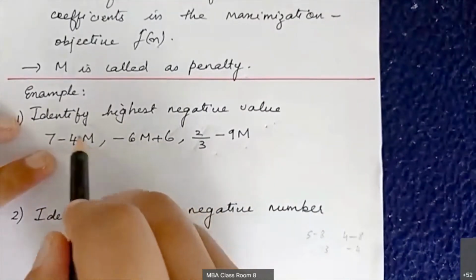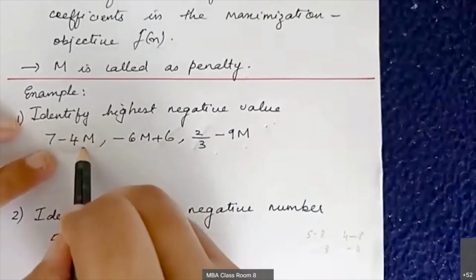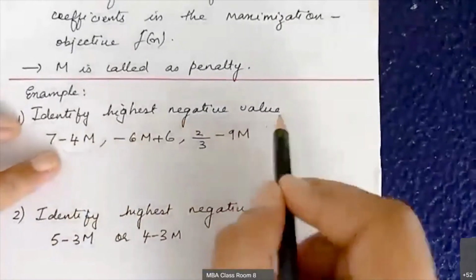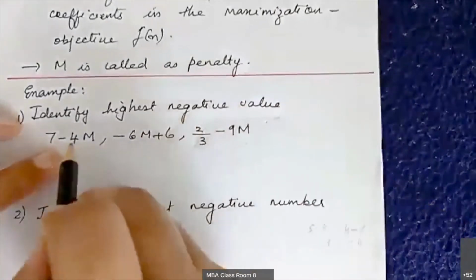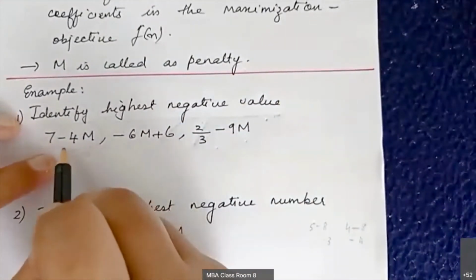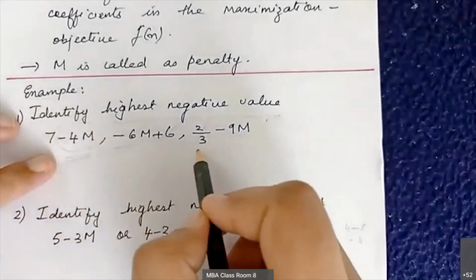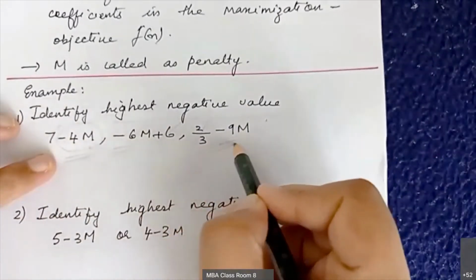So you have to consider only the coefficient that comes along with M for deciding which is the highest value. So here in this case, you need to consider only minus 4. Here you need to consider only minus 6. And here you need to consider only minus 9.